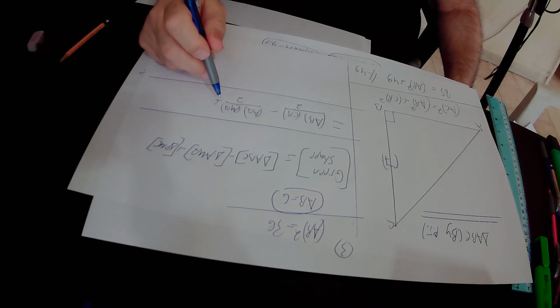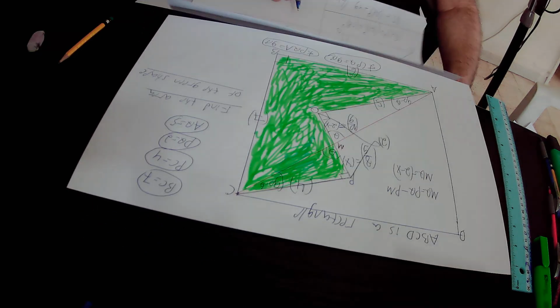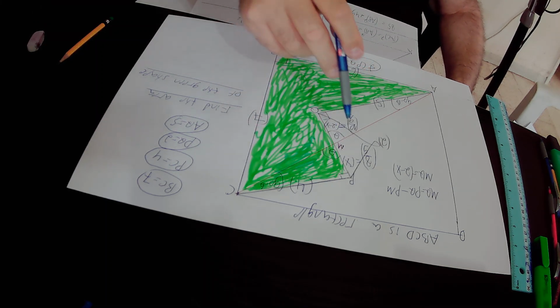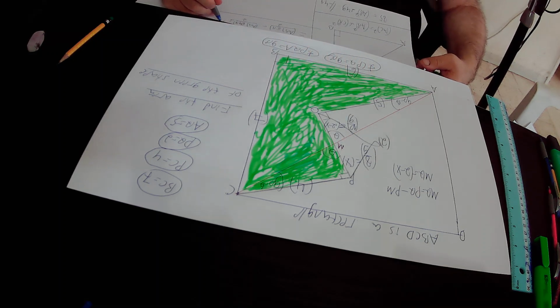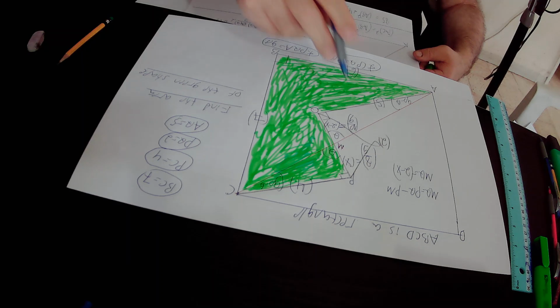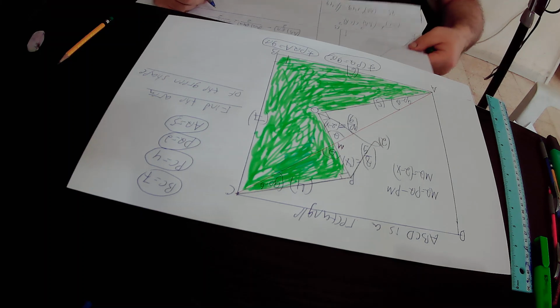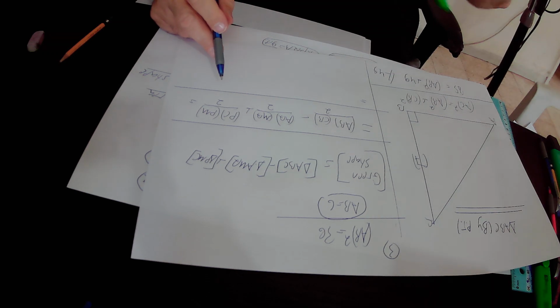And we have to add the area of the right small green triangle PMC. The area of the right small green triangle PMC equals the base, that is PC, times the height to the base, that is PM, over 2.